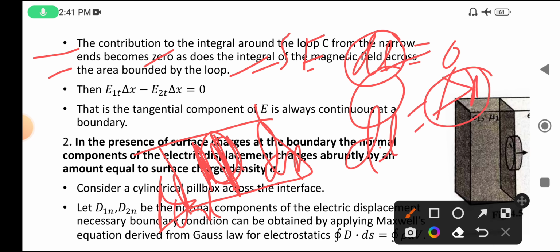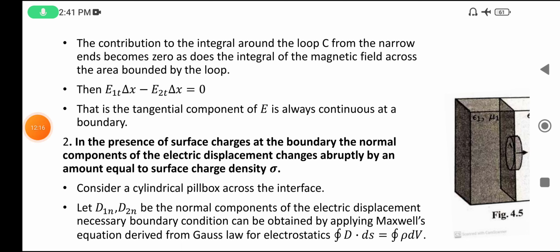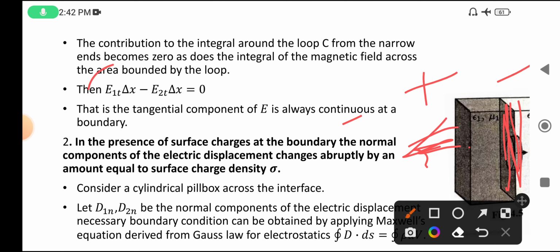The integral over the closed loop is electric field times length on each side. A minus sign is taken for one side: the values on this side are taken as negative and the right side values as positive. This side has the E1 values, and the other side has the E2 values.